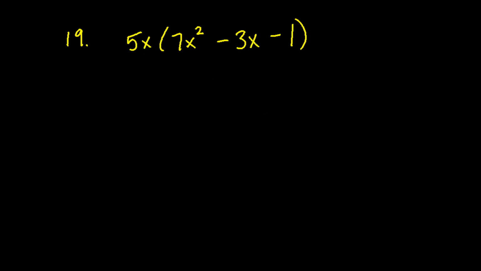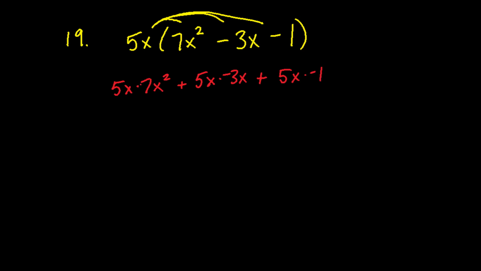This next problem is asking us to multiply the polynomials. We can just distribute the 5x. So we will be multiplying 5x times 7x squared, then 5x times negative 3x, and 5x times negative 1. 5 times 7 is 35, and x times x squared is x cubed by adding those exponents. 5 times negative 3 is negative 15, and x times x is x squared, and 5 times negative 1 is negative 5, and we multiply that by the x.